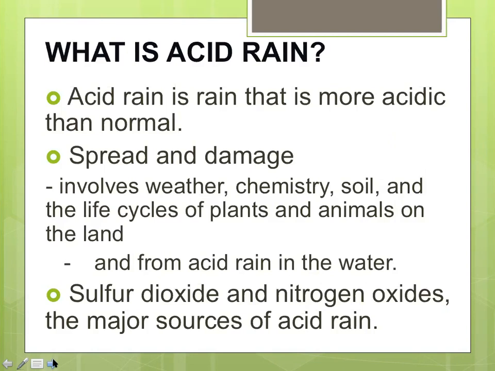It spreads and causes damage by involving weather, chemistry, soil, and all life cycles of plants and animals on the land, and from the acid rain present in the water. The oxides of sulfur in the form of sulfur dioxide and oxides of nitrogen are the major sources of acid rain.